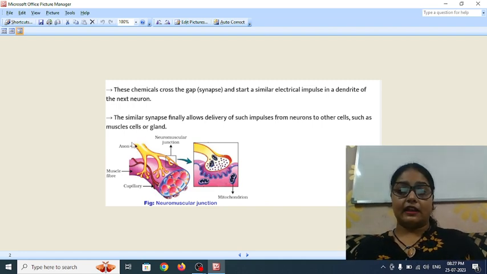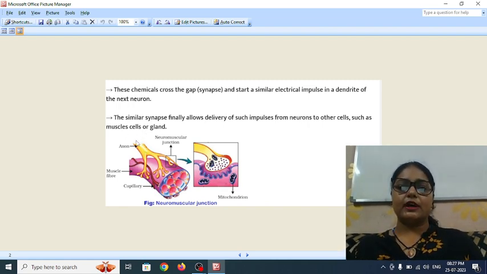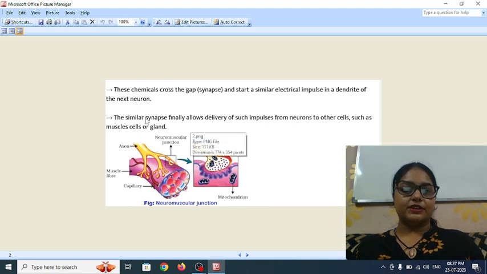When the signal passes to the other cell, it gets converted into chemical changes, a chemical energy is created, and a chemical impulse is generated.